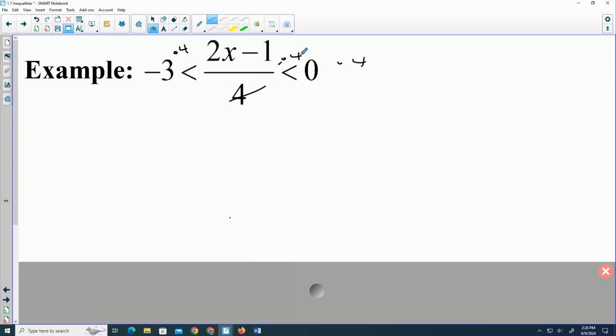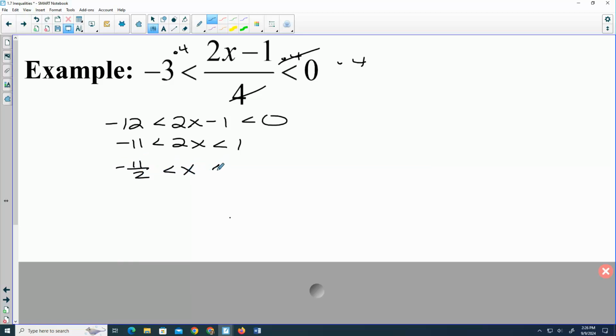Okay, in the middle, those 4's cancel, so we have negative 12 less than 2x minus 1 less than 0. Add 1 to everything. Divide by 2, so negative 11 halves is less than x is less than 1.